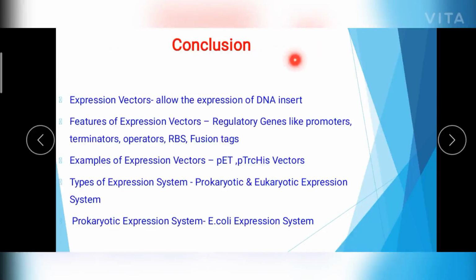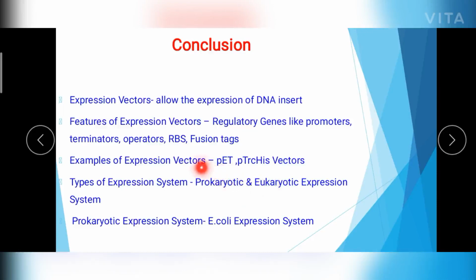Next, coming to the conclusion, let's recap the main points. Expression vectors are those which are used to express our desired foreign gene, and in their features we have seen that these vectors contain regulatory elements like promoters, operators, terminators, ribosomal binding sites, and fusion tags for the effective expression of our desired gene.